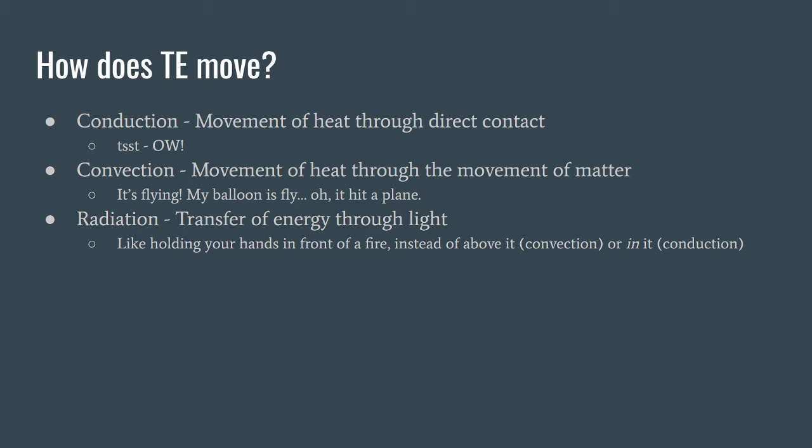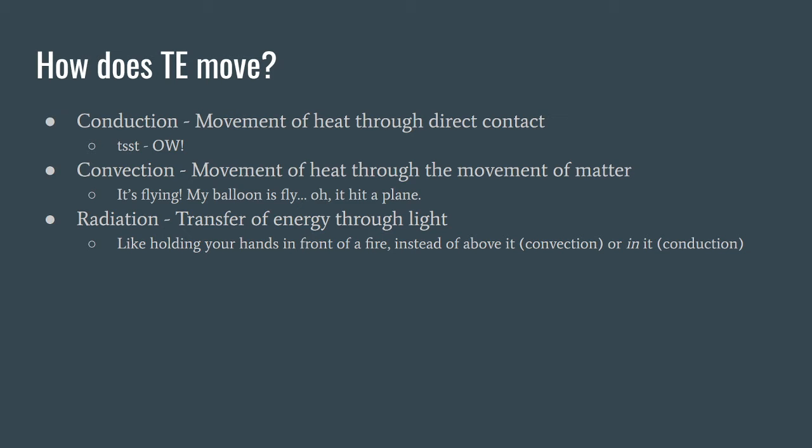Radiation is when you have the movement of energy by means of light. So there's no physical contact with radiation. With conduction, there is. Okay? So when you hold your hands in front of the fire, you are not touching the fire. You don't have your hands above the fire. You're in front of the fire. You still feel heat.